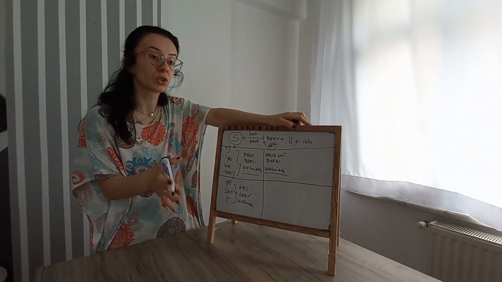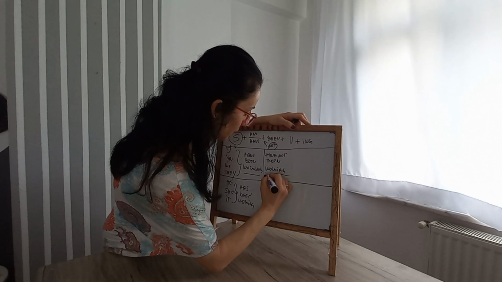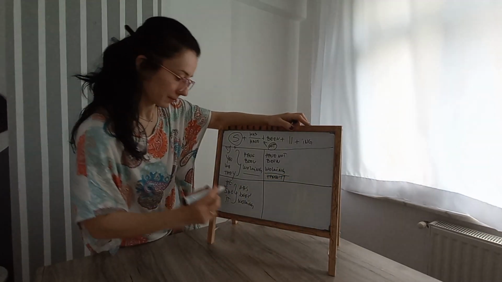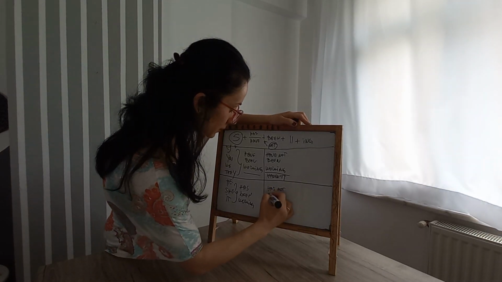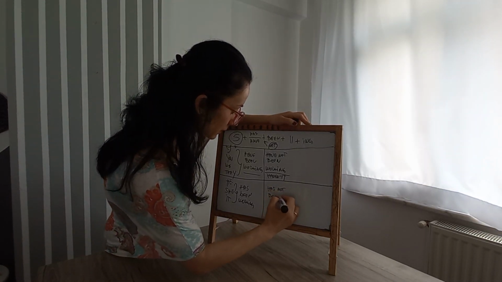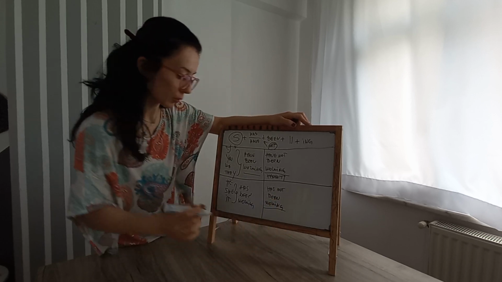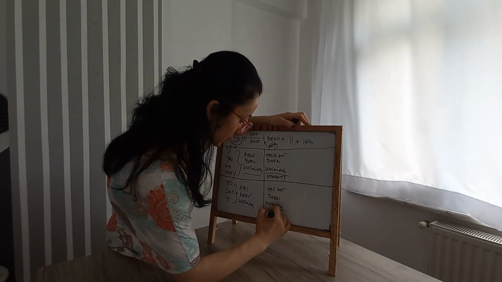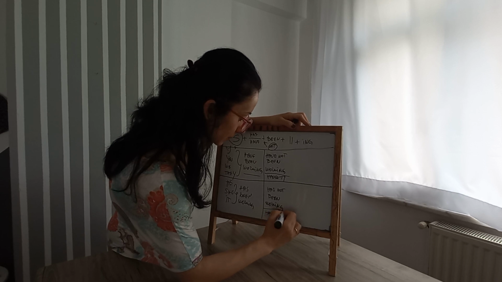Or if you want to make it shorter, yes, Ebru, I haven't been working. Okay, has not been working. Short, yes, Mary. She hasn't, he hasn't, it hasn't been working.